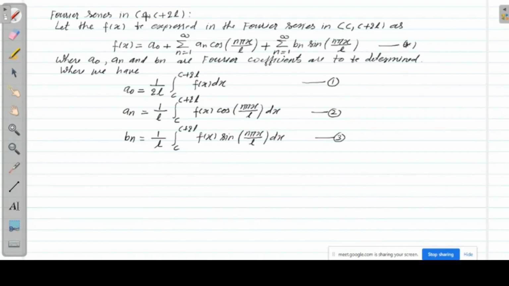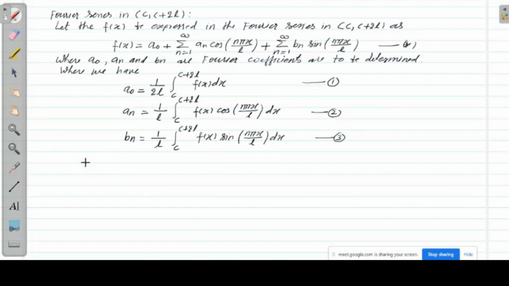When c equal to 0, your interval becomes 0 to 2l. And when c equal to minus l, your interval becomes minus l to l. The formula will also change accordingly, so you should remember this formula and the two main cases.